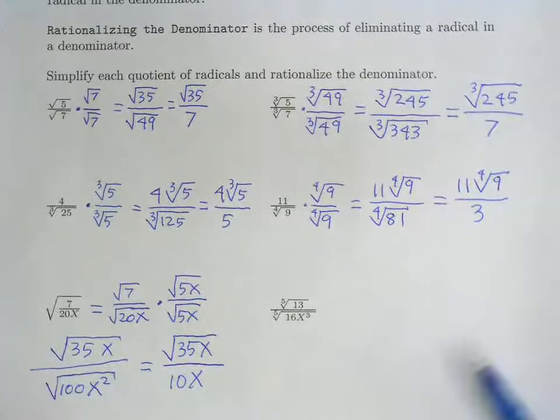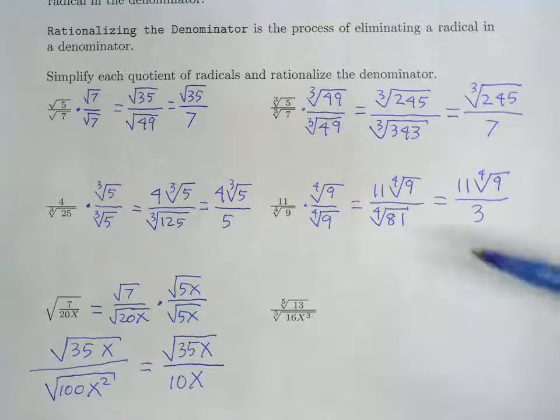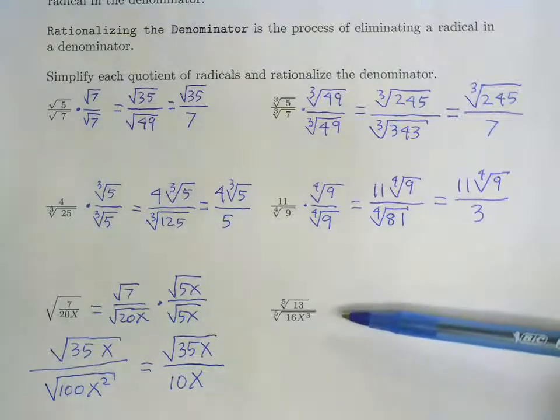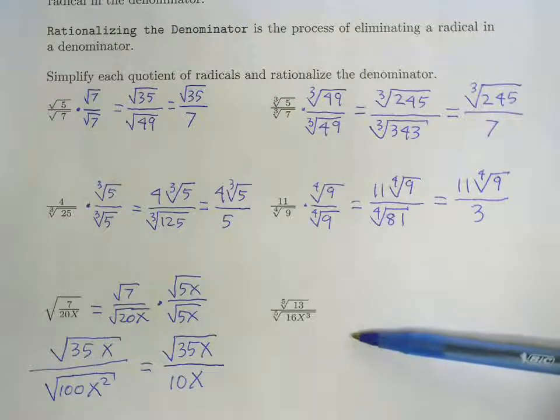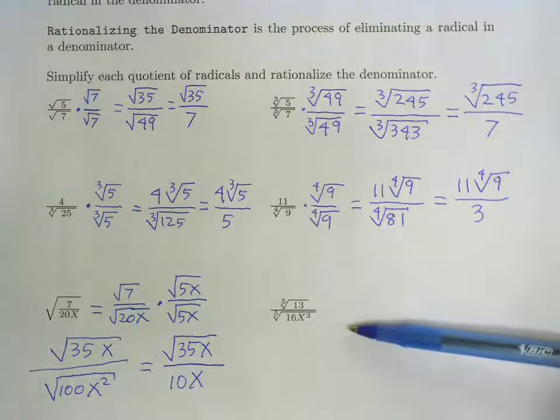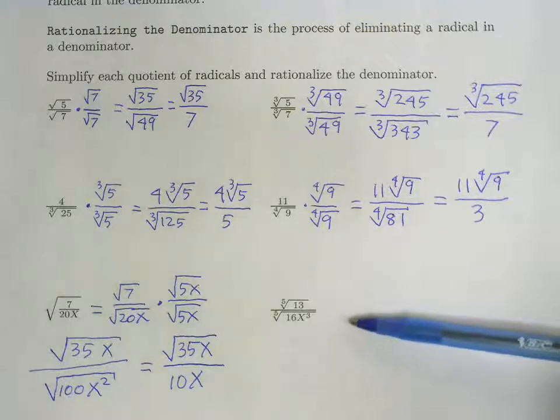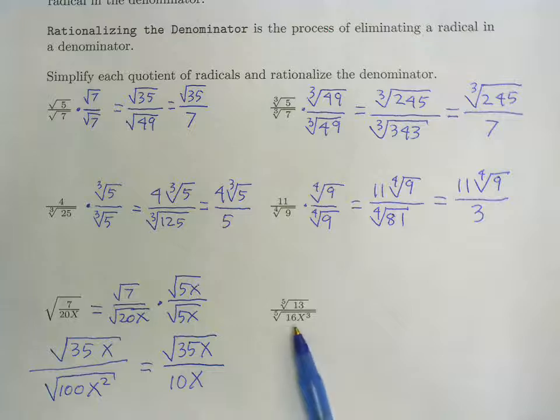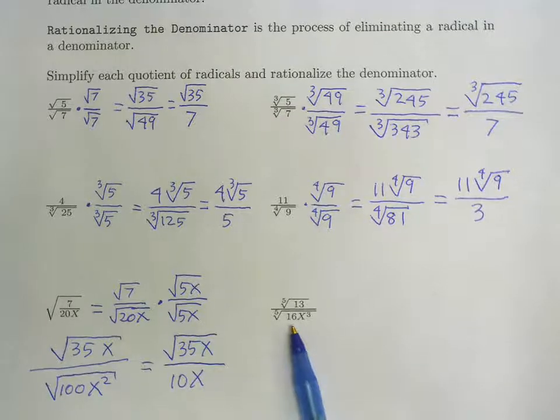Okay, the next example involves a fifth root in the numerator and denominator. In the numerator, the fifth root of 13, and in the denominator, we're dividing by the fifth root of 16x to the third. Remember that 32 is a perfect fifth power, and if I multiply 16 times 2, I get 32.